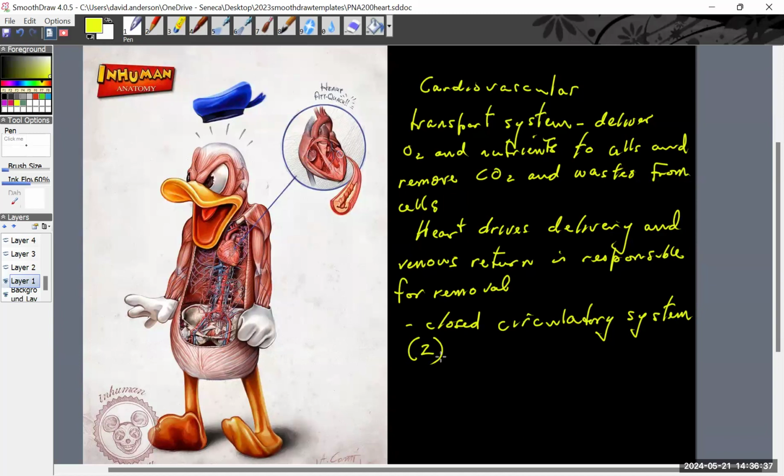But we're going to recognize that we have what we describe as a systemic circulation, which is the one we typically think of, where the oxygen and nutrients are going to be delivered to all the cells in the body. But we also have what's called a pulmonary circulation, which we'll spend lots of time talking about, that is going to circulate to and from the lungs and has a distinctly different responsibility when it's going to and from the lungs. But again, we'll spend time highlighting the differences when we get to those particular conversations.